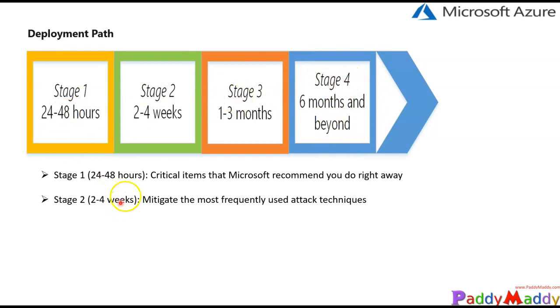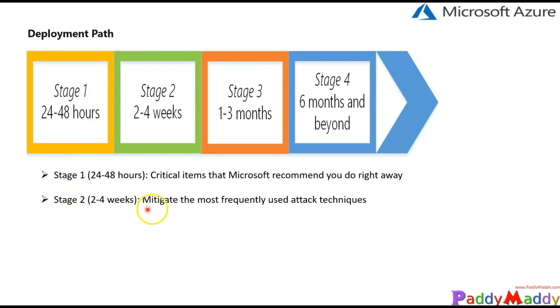In stage 1, you would be addressing immediately, within a 2-day timeline, all the actions, for example global admin specific: enabling multi-factor authentication, reducing the global admins, and identifying only the required resources as eligible. All that will be done within 24 hours.